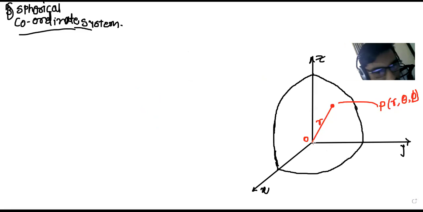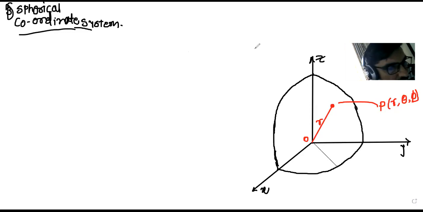So this is the shadow of this radius. Can you imagine this is your radius, and if I plot the shadow of this radius, it would be on a xy plane. It would look like this.